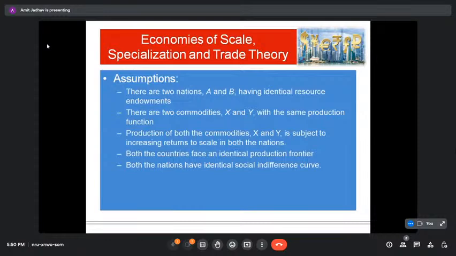Because we are assuming that both countries have identical resource endowments or factor abundance. So they have the identical production possibility curve. Both nations also have identical social indifference curves, because the conditions in both nations are the same.